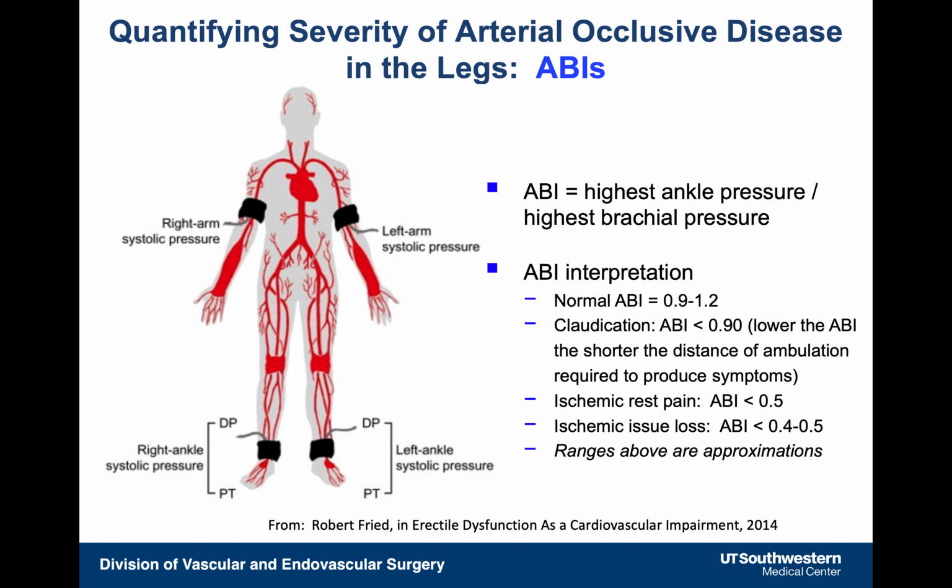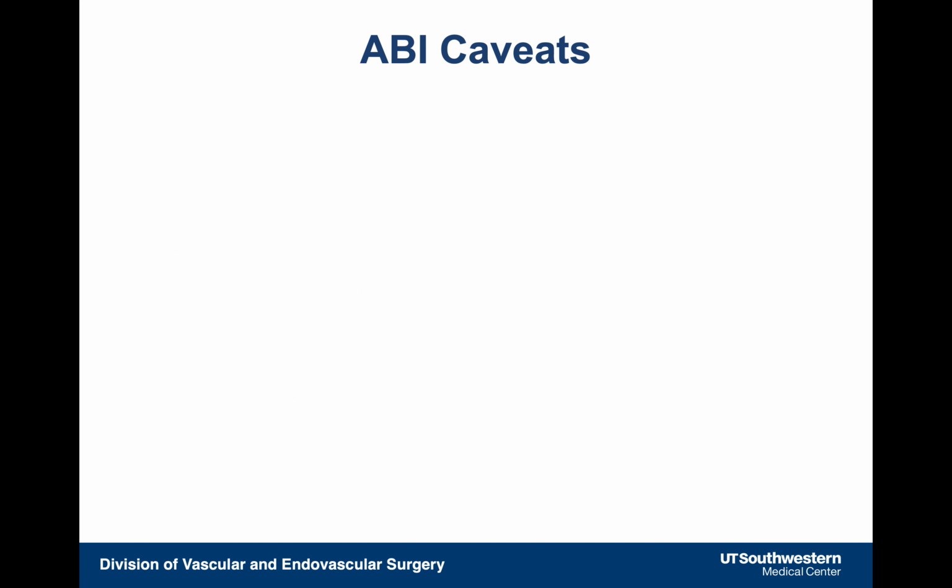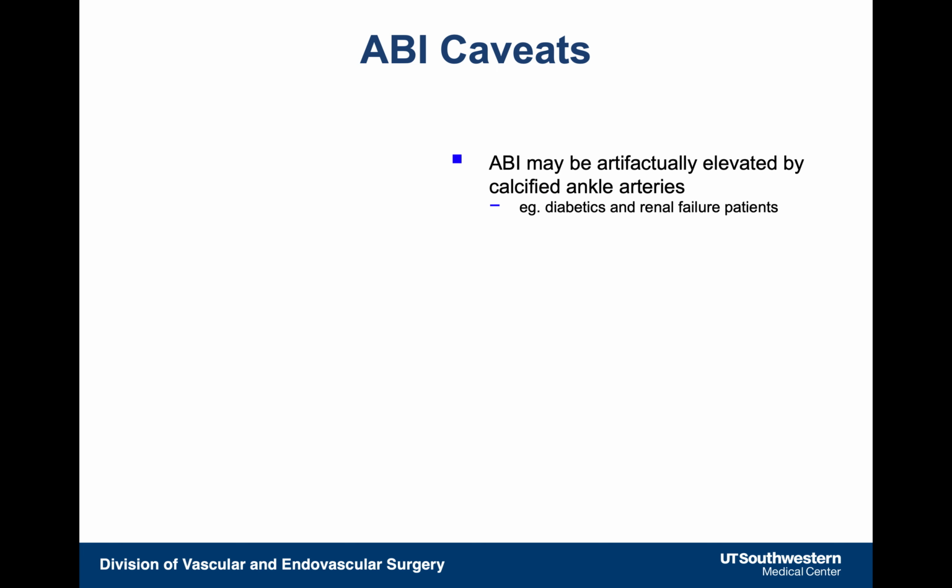There are many patients walking around with an ankle brachial index of 0.3 with no tissue loss or ischemic rest pain. By the same token, some patients can have wounds that fail to heal with an ankle brachial index of 0.6. So these are simply a guideline and should be interpreted in the context of the patient and all of the other data.